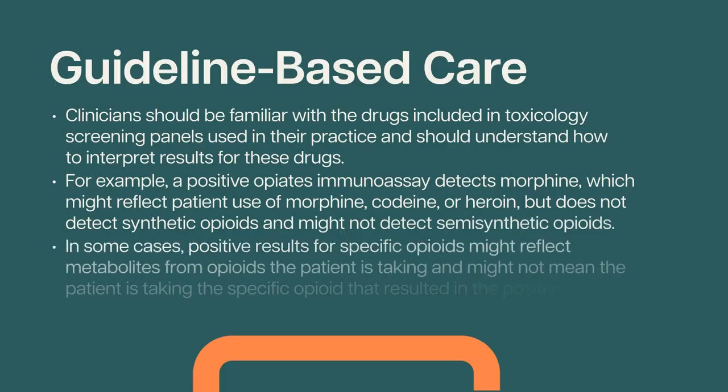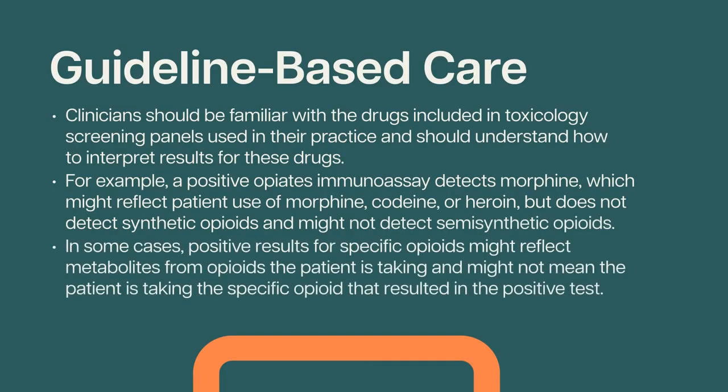For example, a test positive for opiates on an immunoassay would detect morphine, which might reflect a patient's use of morphine or codeine or heroin, but it does not detect synthetic opioids and might not detect semi-synthetic opioids. Moreover, in some cases, a positive result for a specific opioid might reflect a metabolite from another opioid that the patient is taking and is supposed to be taking.